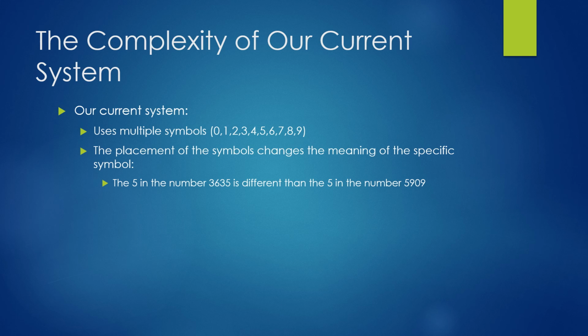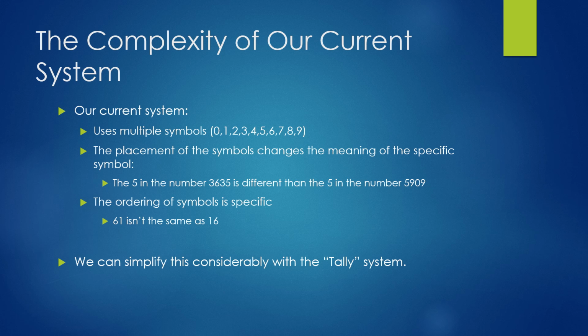In the first example, it just means 5 by itself, but in the second example, it actually means 5,000, and that's worth noting. The ordering of the symbols is specific, which is true of the previous example too, but something like 61 isn't the same as 16, even though they both use the same symbols.